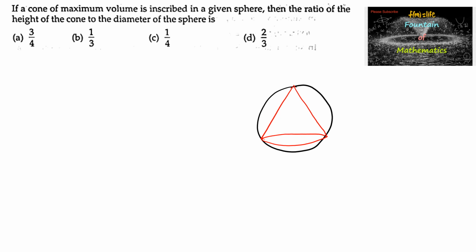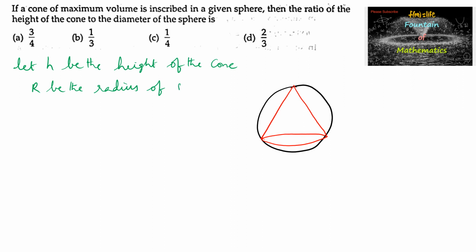Let us consider the height of the cone is capital H. Let H be the height of the cone, and capital R be the radius of the sphere, and small r be the base radius of the cone.